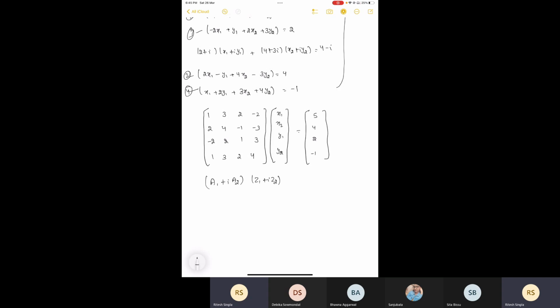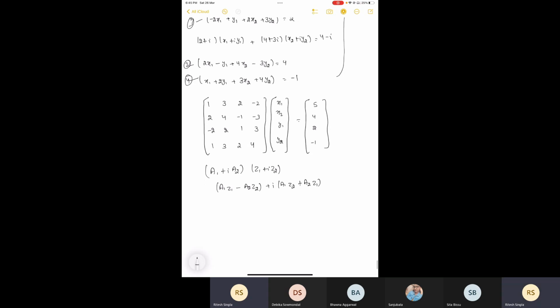Then you can think of something like this: a1 z1 minus a2 z2 plus iota times a1 z2 plus a2 z1, right? And if you now write the z vector as z11 z12 and z21 z22, then you will get what you are saying here, that only a1 directly and minus of a2.